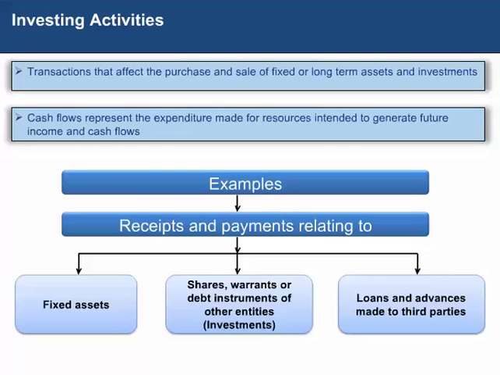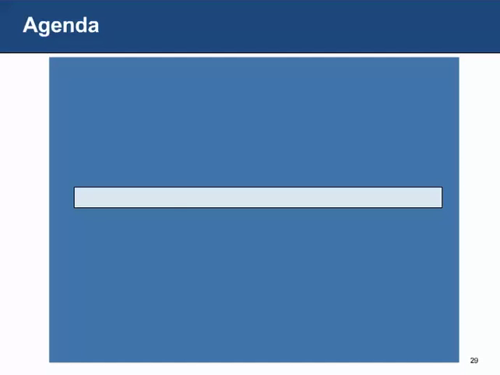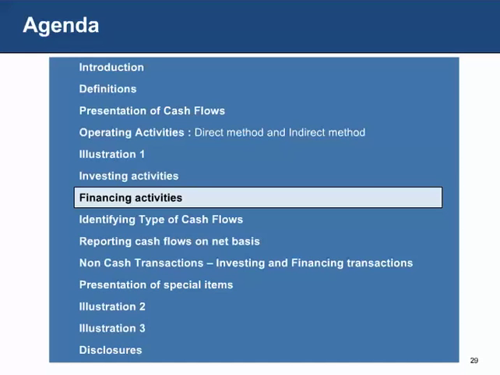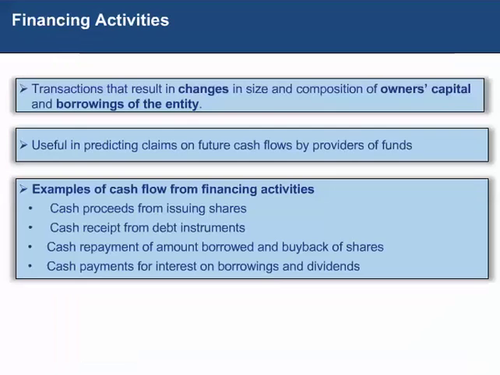The next agenda item would be understanding and discussing the cash flows from financing activities. So cash flows from financing activities would be transactions that result in changes in size and composition of owner's capital and borrowings of the entity. So these are the activities which are useful in predicting claims on future cash flows by providers of funds.